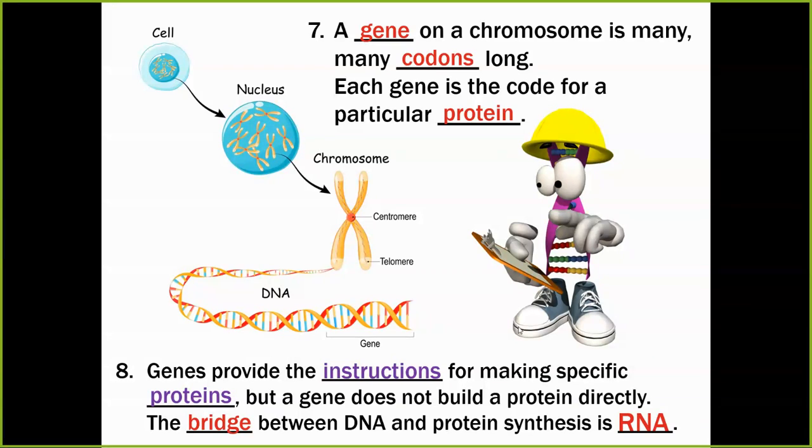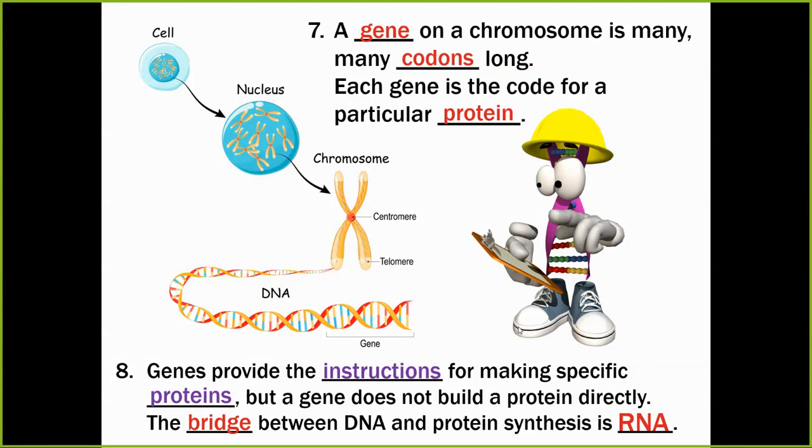So who actually makes the protein? RNA makes the protein. All right. So just like I said, I have a cookbook. I have to actually gather the ingredients. I have to put those ingredients together. I have to make the lasagna, right? That is what RNA is for DNA.